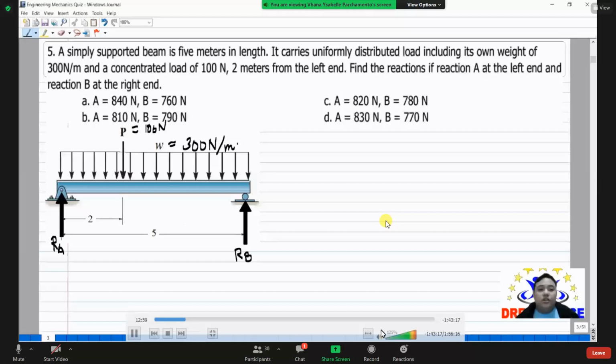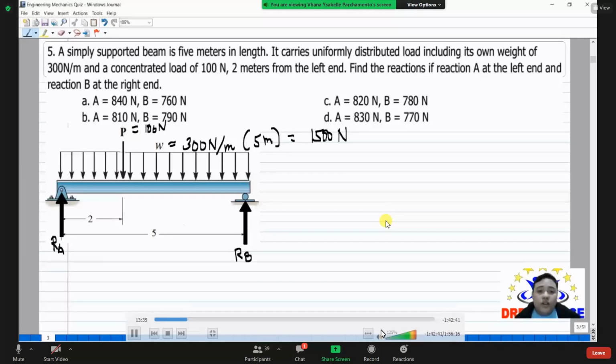So that is 300 Newton per meter multiplied by the length ng sakop niya, so that is times 5. Yan kasi yung sakop niya lahat. So that is equal to 1,500 Newton. So cancel si meter.